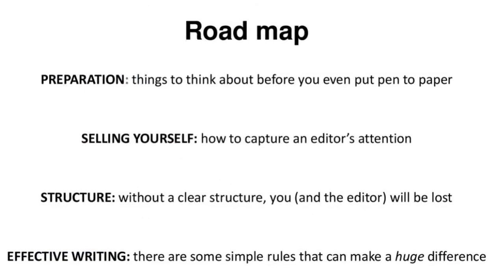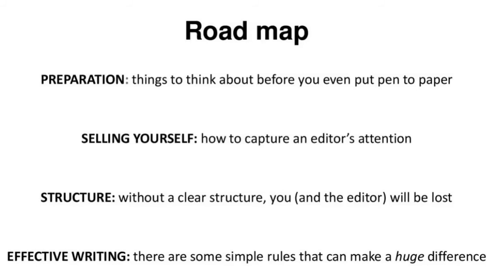So here is a roadmap for effective academic publishing. Prepare to write. Think about selling yourself, your idea, the outcomes, the results of your study to a journal to capture your editor's attention.